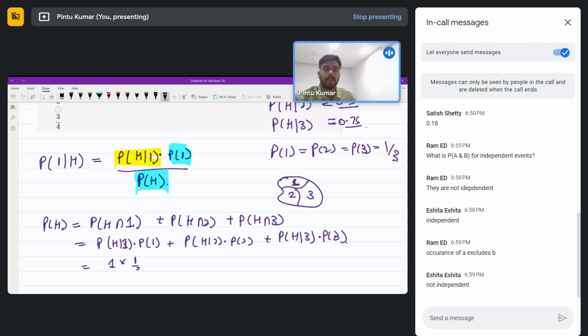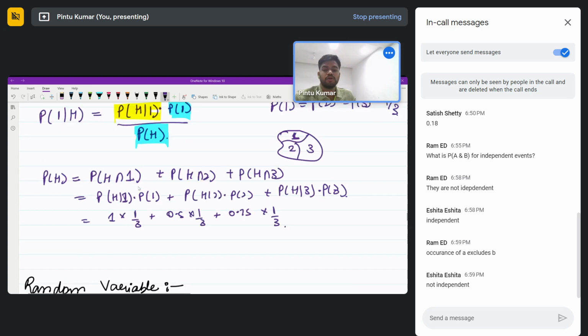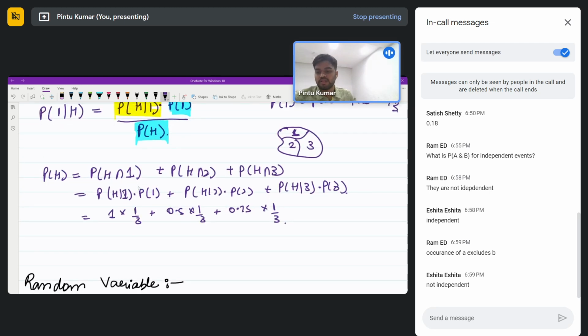This is 1 by 3, plus second coin, this is 0.5 into 1 by 3, and the third quantity is 0.75, right, into 1 by 3. Okay, so let's put this in the formula.